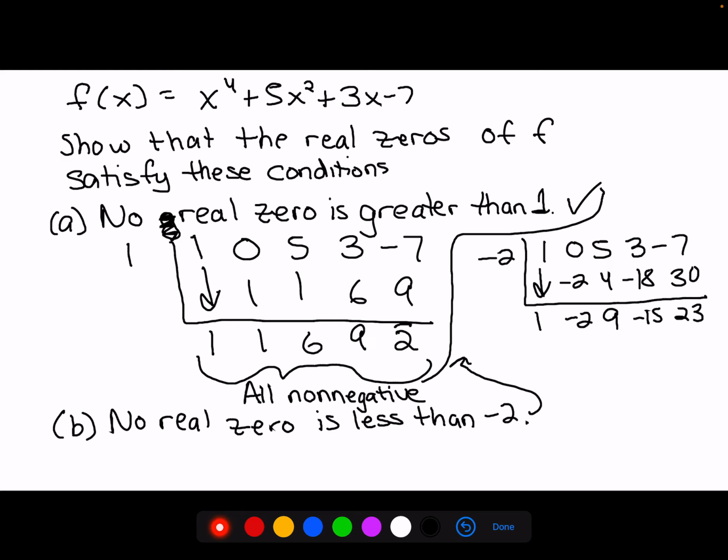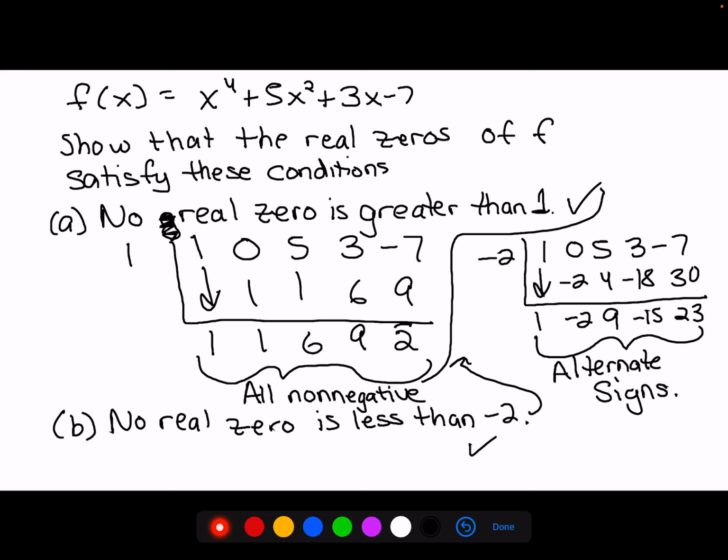All right, let's look at what's happening to the signs. You go from positive to negative to positive to negative to positive. They alternate signs. So this proves there's no real 0 less than -2.